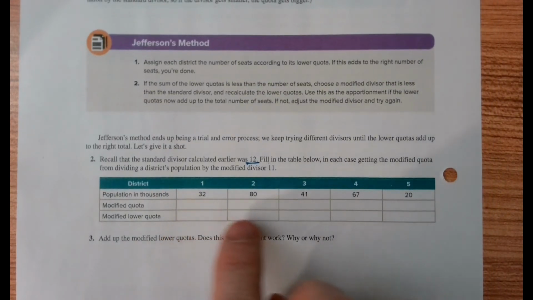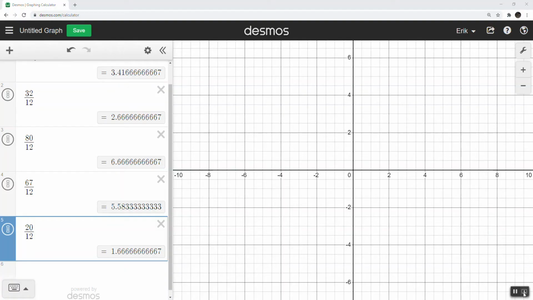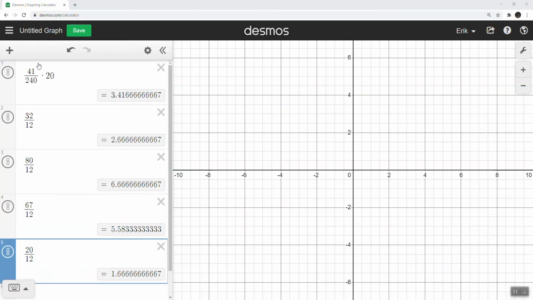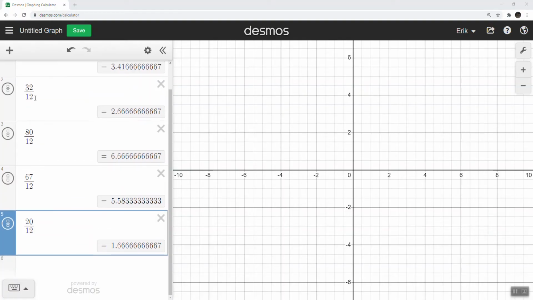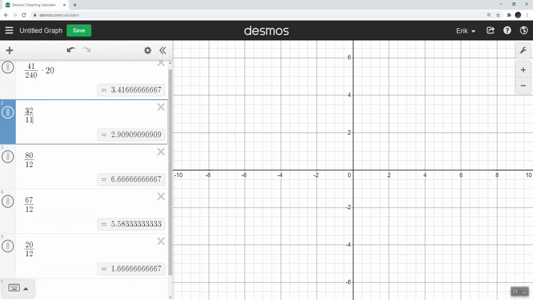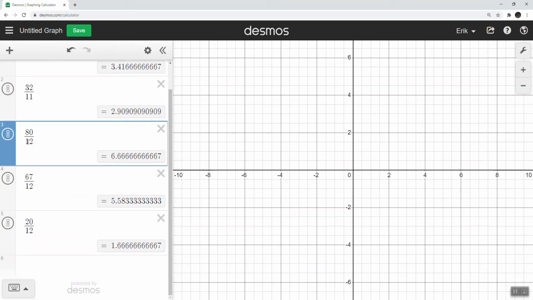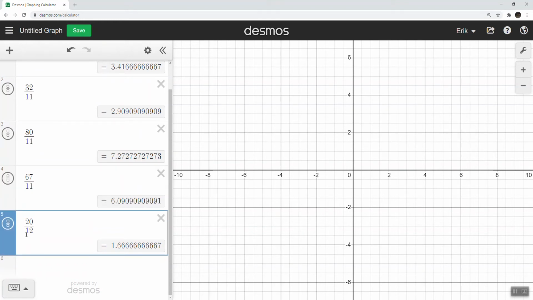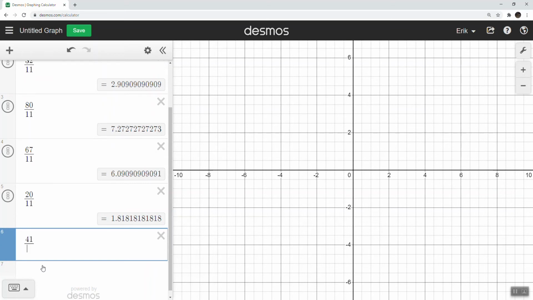That means we have to go through and divide each of these things by 11. So let me demonstrate that in Desmos. Notice I still have these numbers in here. So I'm going to go ahead and just change each one to 11, and that'll give us our standard quotas, except we're missing the District 3, which is 41 divided by 11.